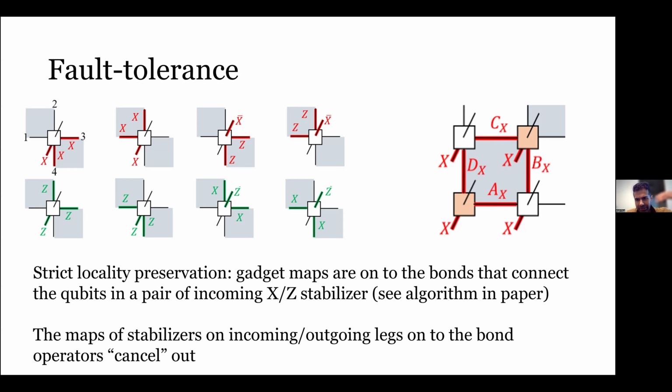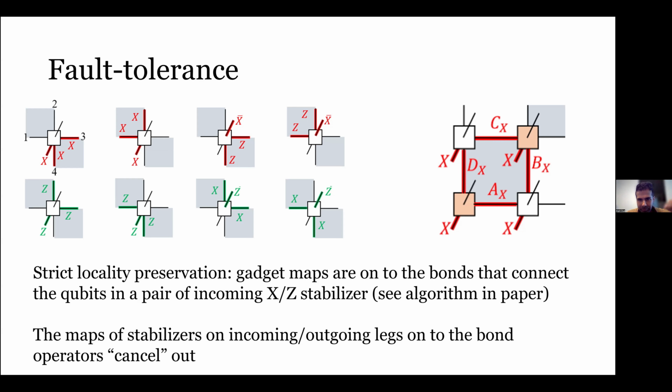If you take an incoming stabilizer like this X stabilizer, the Pauli web for this incoming X stabilizer will close inside the gadget, meaning that the maps for each of these Pauli Xs will overlap on these bonds, and you can algebraically think of them as canceling on those bonds.